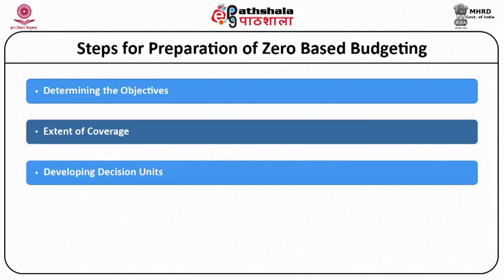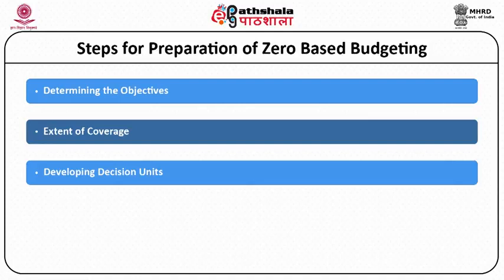Decision units refers to the department, area, activity or program which is or are identified for ZBB. The criteria for identification of such decision unit is to know about the impact of the alternative as per cost-benefit analysis.